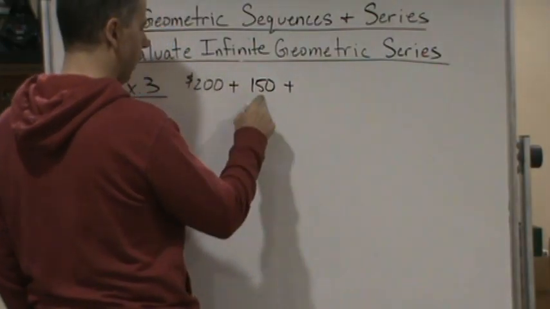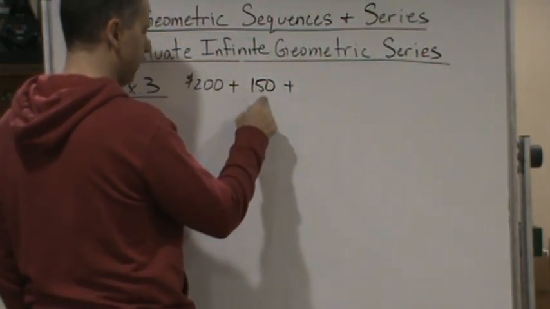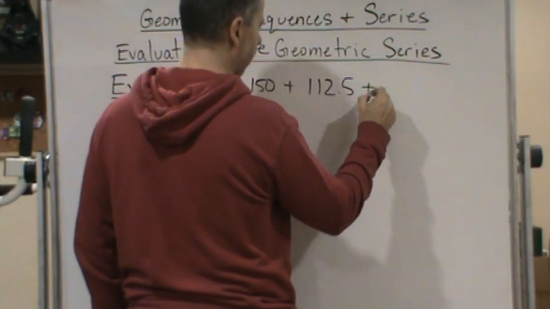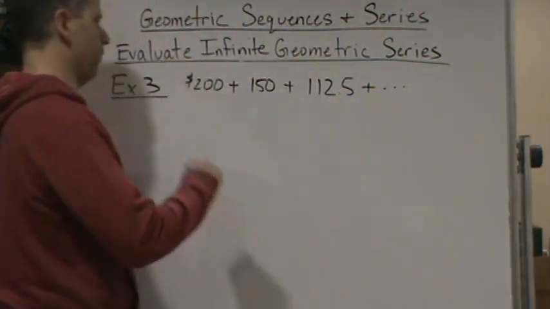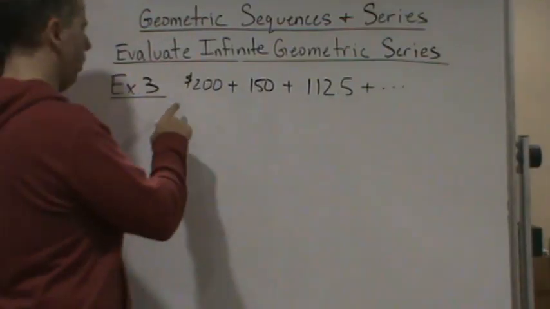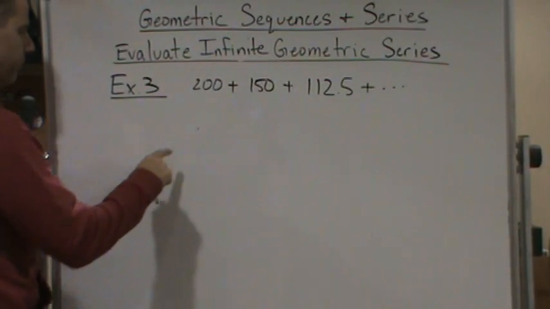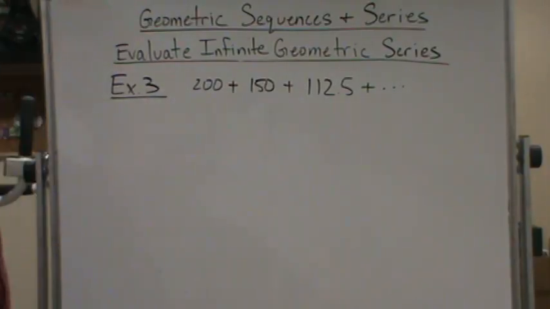Right, and then 75% of 150 is 112.5, and so on. So what we end up with is this infinite series here, and we want to know what this infinite series theoretically adds up to if this is a real life case.